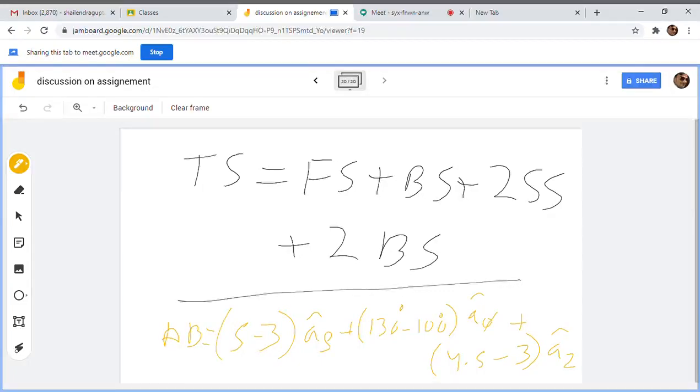Convert these degrees into radians and then calculate the length of AB. The length of AB will be the mod of AB, so you can easily calculate it.